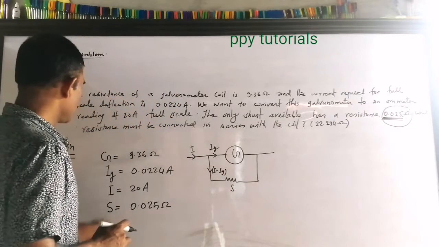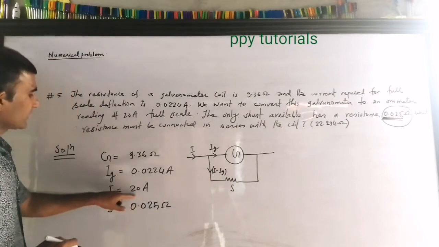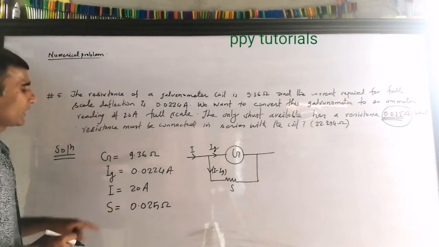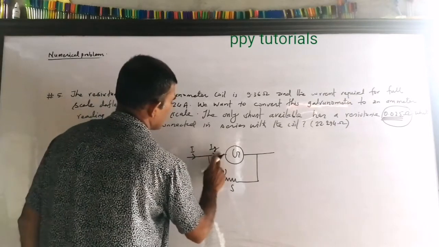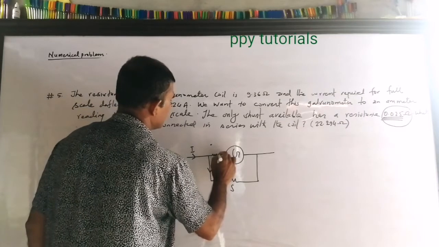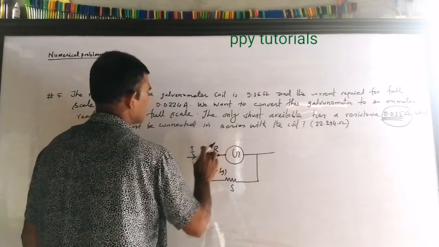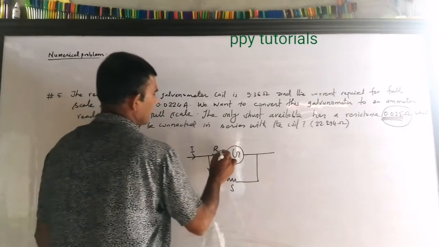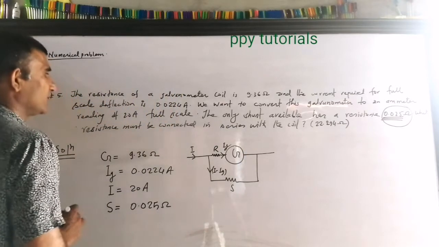But if we use this same shunt directly, we can't get a full scale deflection of 20 ampere. If you want, you can try, but don't waste our time. We are doing it directly. So here I am connecting one resistance in series with the galvanometer. I don't know what that resistance is, so call it R. But the current going through this resistance and the galvanometer is still Ig.